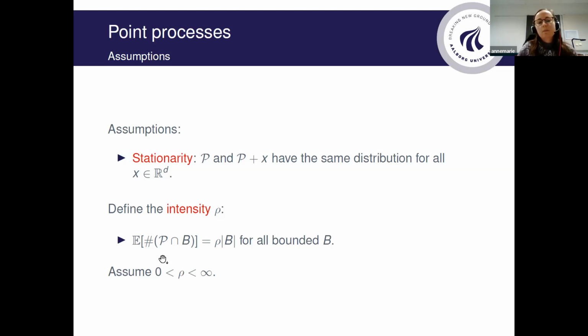So it means that the expected number of points in a set of unit volume will be exactly rho. So that's the interpretation of the intensity.